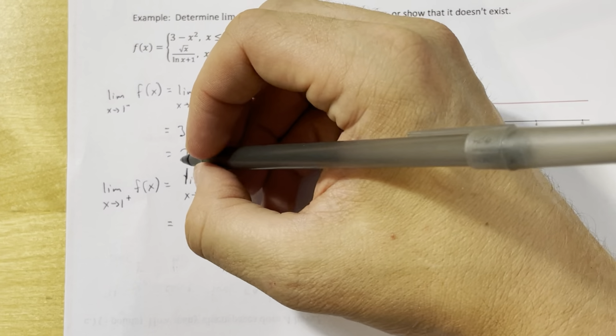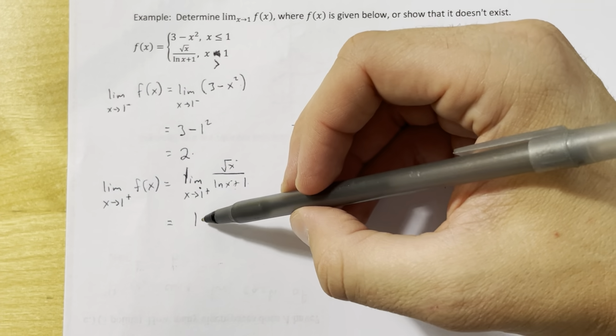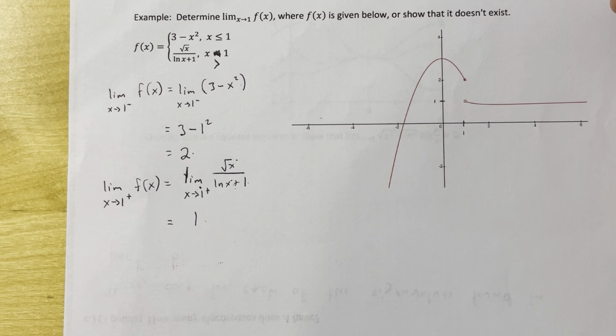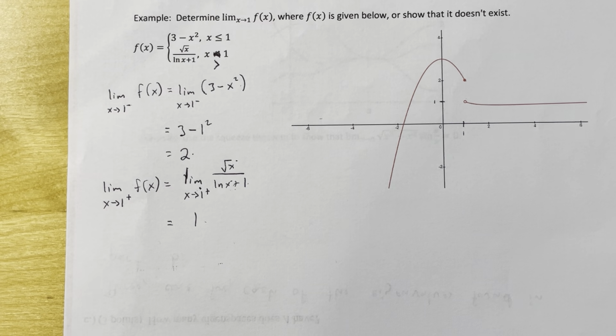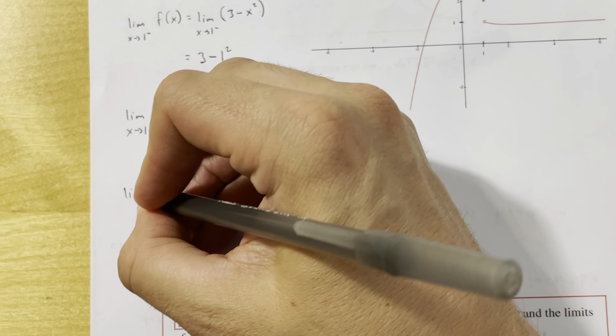So as you can see, my left-hand limit gives me one value, my right-hand limit gives me a different value. And as we said before, if a two-sided limit is going to exist, then the left and right-hand limits both have to exist and agree with each other. So I would say something like this.